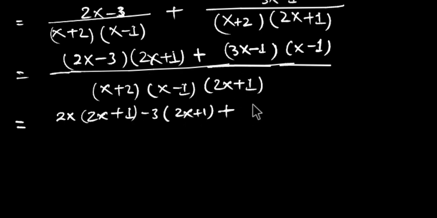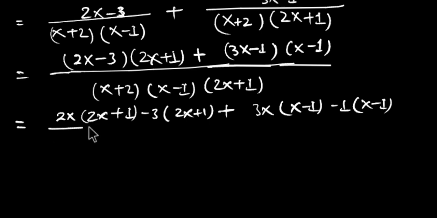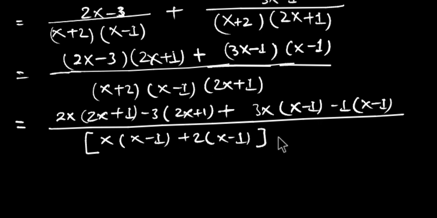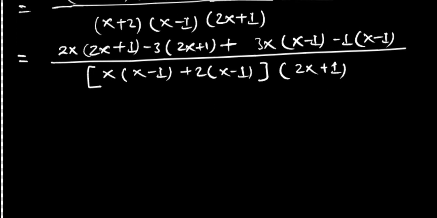In the same manner here, 3x multiplied with x minus 1 and minus 1 multiplied with x minus 1, this whole term divided by, first we multiply these two terms, so x multiplied by (x minus 1) and plus 2 multiplied by (x minus 1), bracket close, this whole multiplied by 2x plus 1.